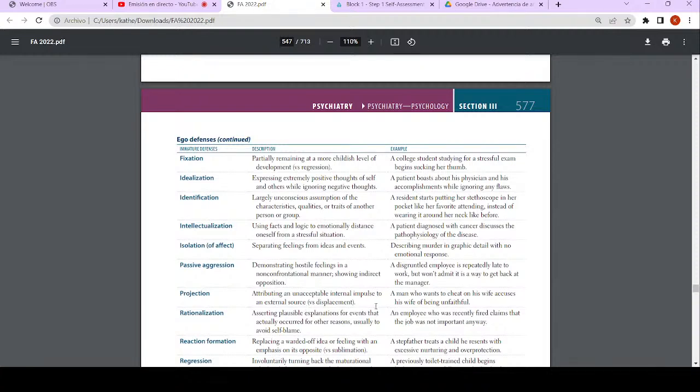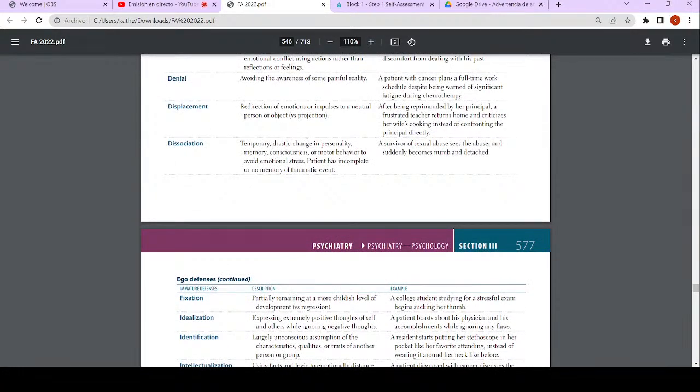For example, a man who wants to cheat on his wife accuses his wife of being unfaithful. So projection is when you attribute what you're feeling to the other. He wants to cheat, so he accuses her of being unfaithful. But in displacement, it's directed at another person who has nothing to do with it, and he just criticizes his wife's cooking, which has nothing to do with the teacher's situation.